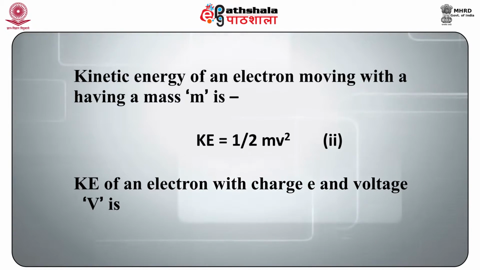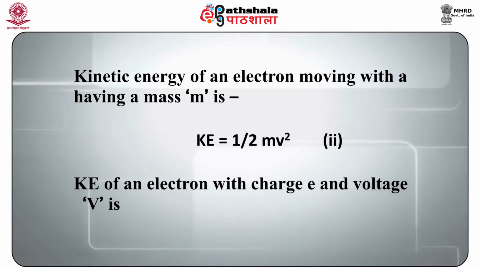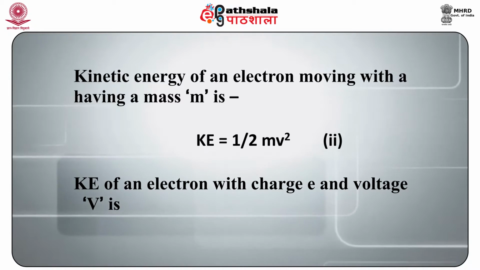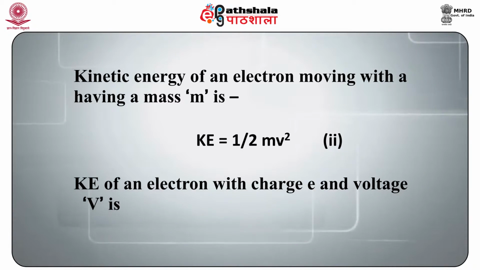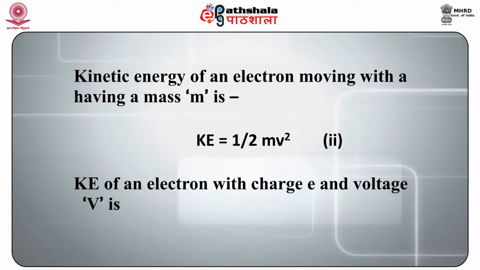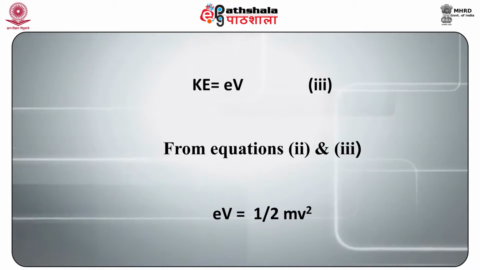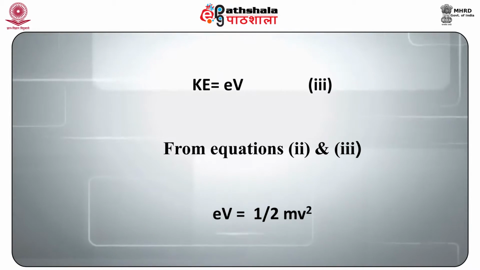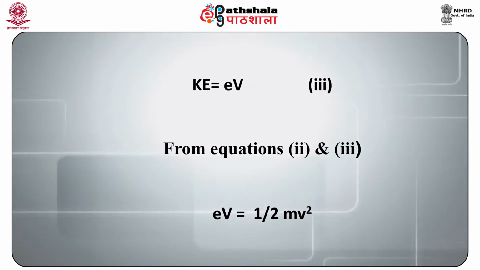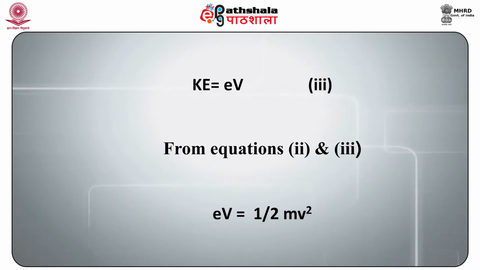The kinetic energy of an electron having mass m is KE equal to half mv square. KE of an electron with charge e accelerated through a voltage V is KE equal to eV. From equations 2 and 3 you can see that eV is equal to half mv square.